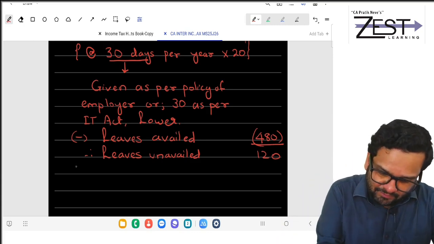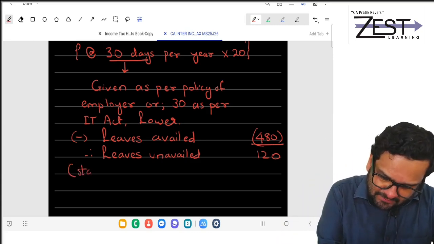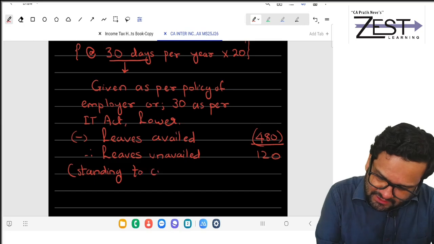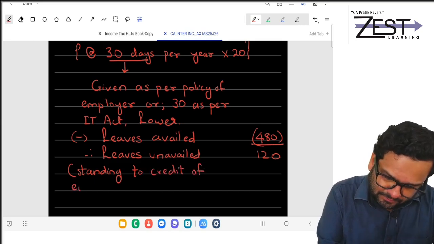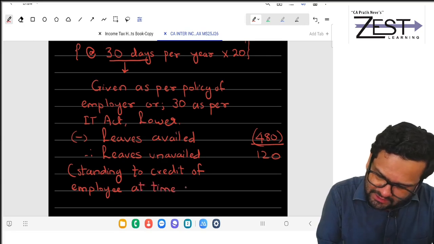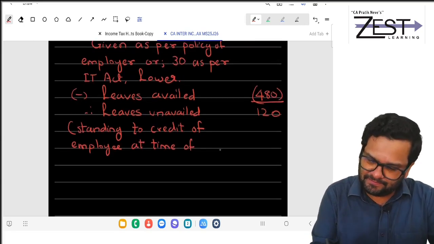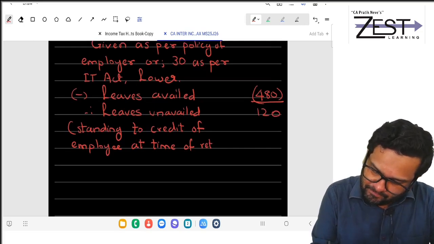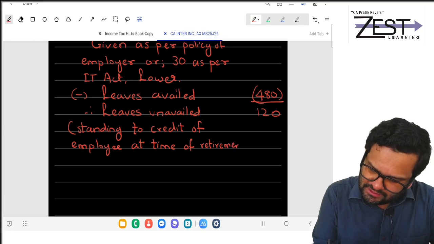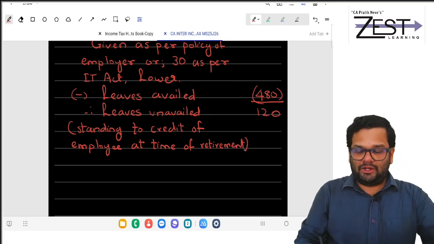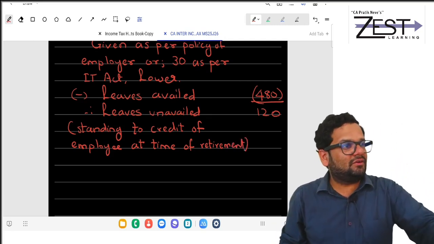It's one and the same. Do you agree? Leaves unavailed is 120.